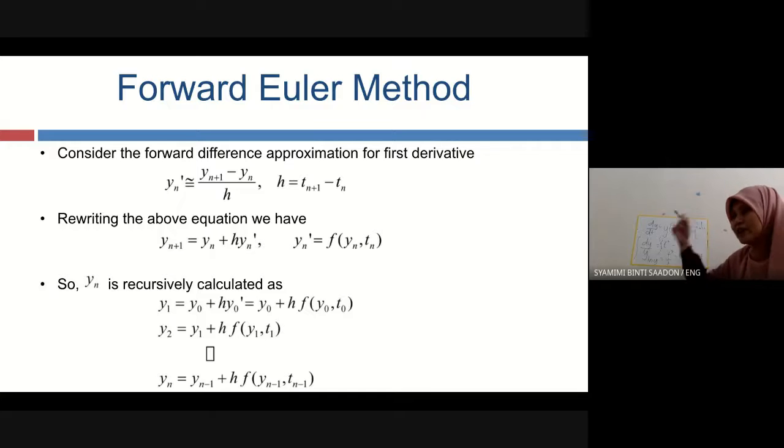This is for later on, for the Euler and Runge-Kutta method, we have to apply this. y0 equals 1 and t from 0 until 2 seconds.